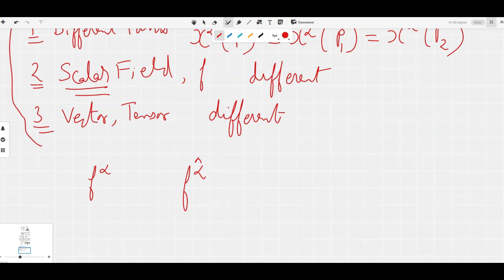Its value in gauge 2 is given by f alpha tilde. I want to know, f alpha caret is at the point P, f alpha tilde is at the point P. I want to know that at one given point. So note that the point is the same point.